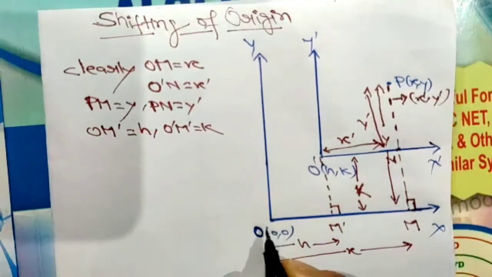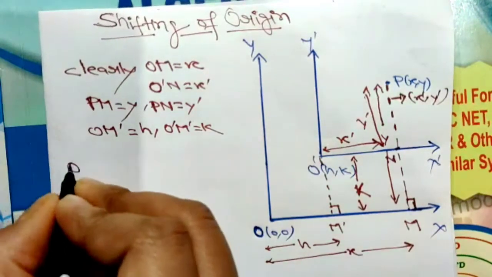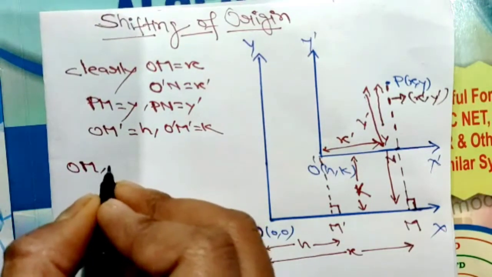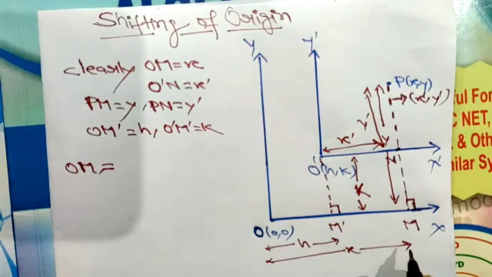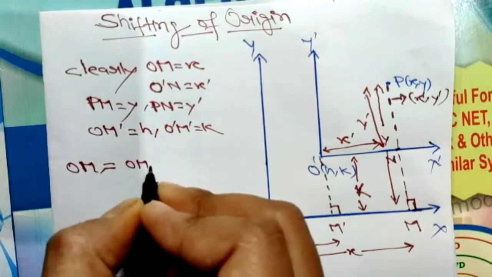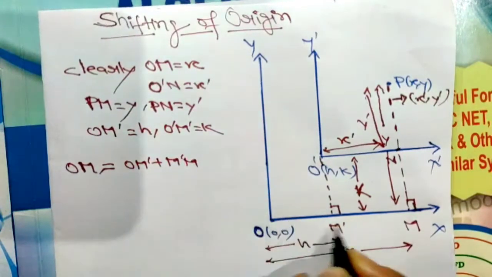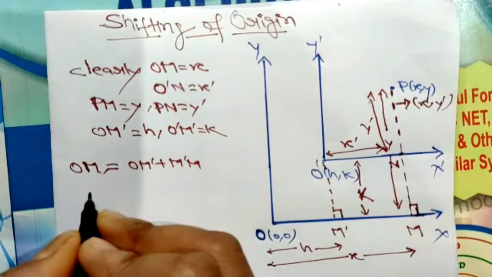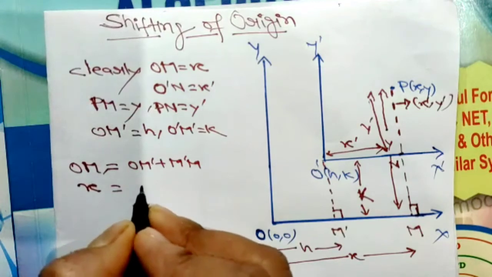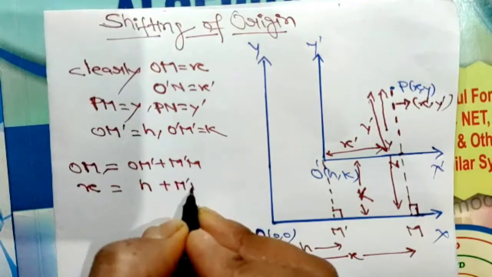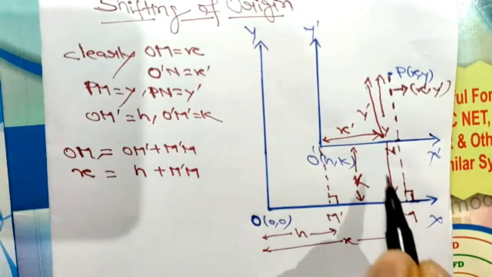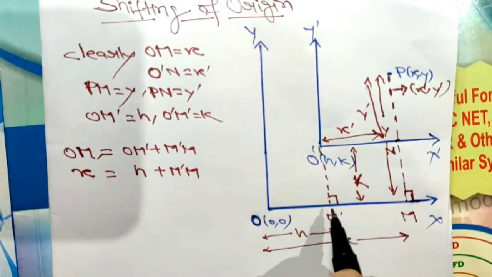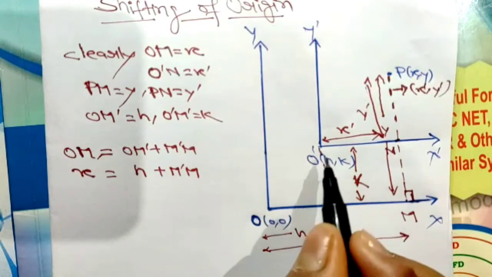Now we are going to find OM. How can we split this OM? We can write it as OM dash plus M dash M. Put the values: OM is equal to x and OM dash is equal to h, plus M dash M. As you can see, O dash N and M dash M are parallel, and the distance between these two is the same.